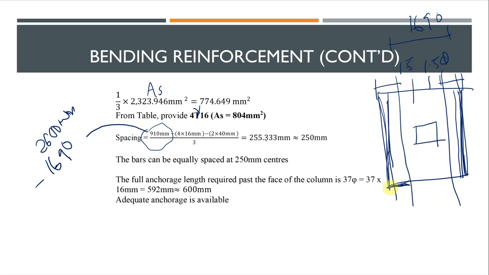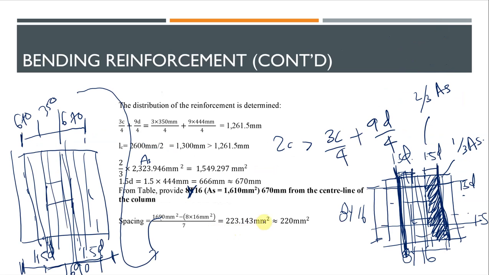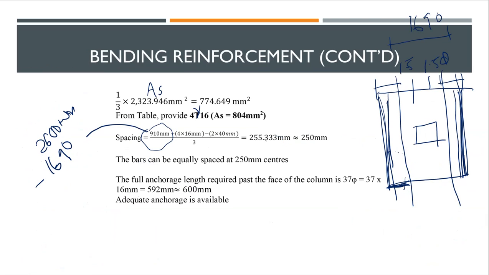So for the bars here, if you compare, this is 250, and the one you calculated in the middle, which is more critical, is 220. That means the 8 numbers of bars are closer together, and on both sides, right and left, the bars are spaced at 250 center. So that is the function. Once we have the numbers of bars, we can finally calculate the anchorage, using the formula 37 times the diameter of the bar.